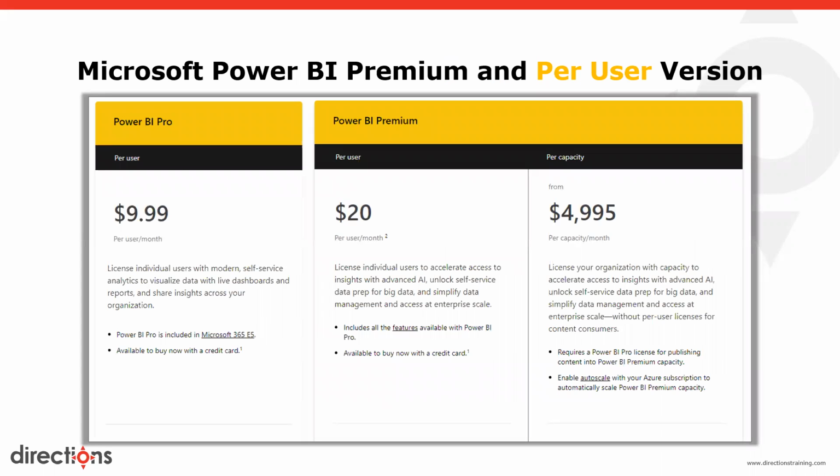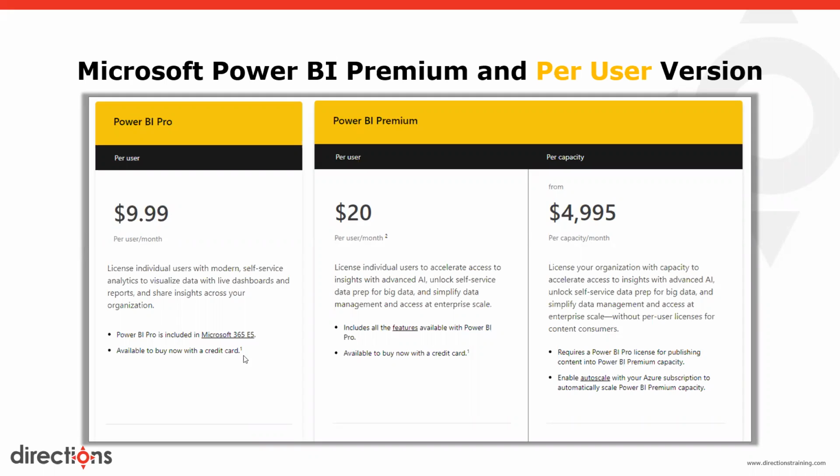So here's a recap of what it costs to play the game. $9.95 per user for Pro, $5,000 per capacity for Premium. And there is a new license per user.